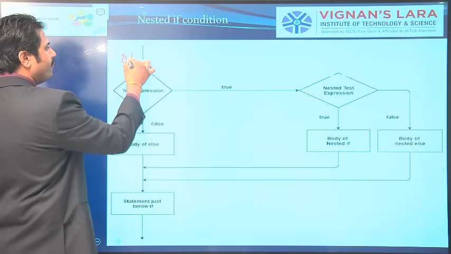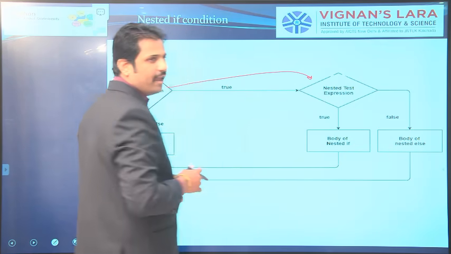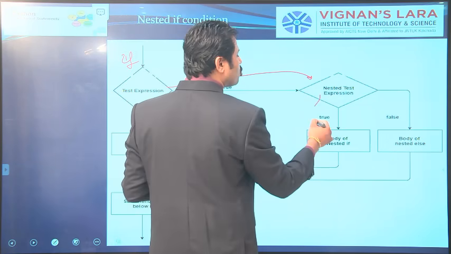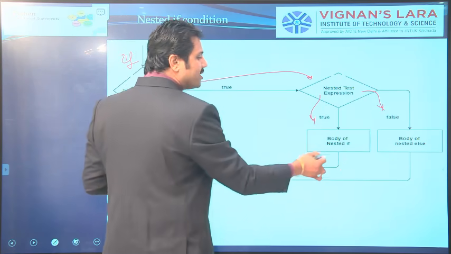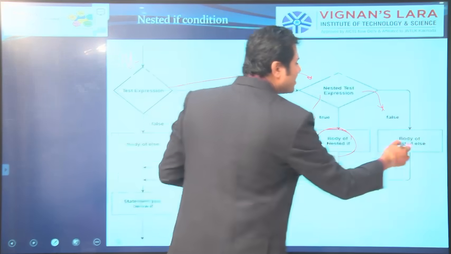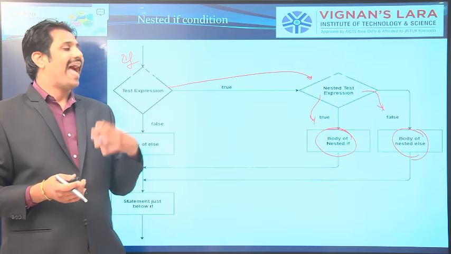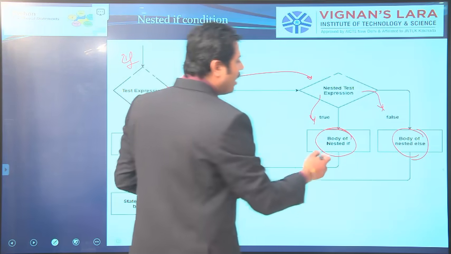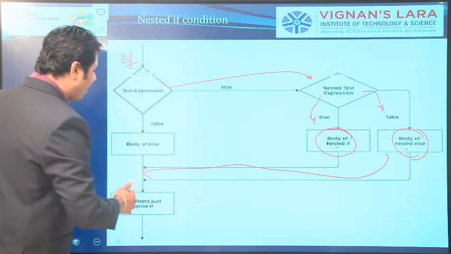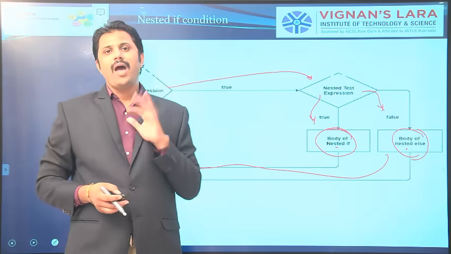Let us see this example. If the condition is true, it goes to the nested statements. Here again in the nested if you have two options, true or false. If it is true, it goes to the body of the nested if. Otherwise, if it is false, it goes to the else of the nested if. Whatever it may be, it comes back again and executes the next statements below the if statement.